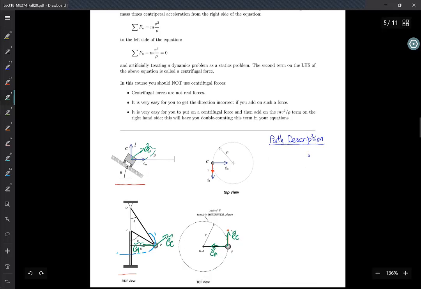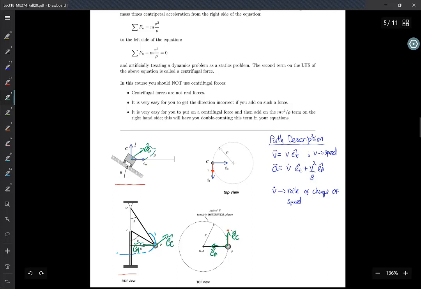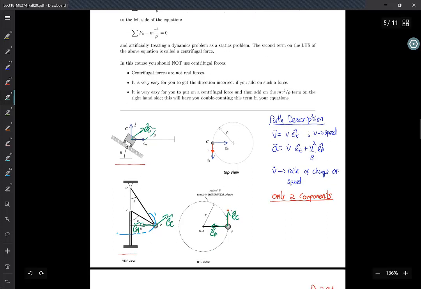And then we use the fact that the velocity is in the tangential direction. The speed is the magnitude of the velocity. In path, we can get the rate of change of speed, and we have only two components.